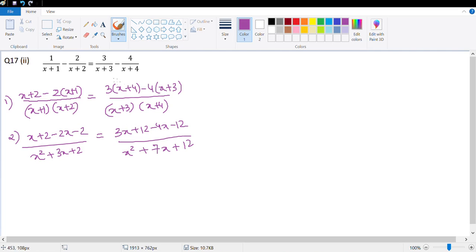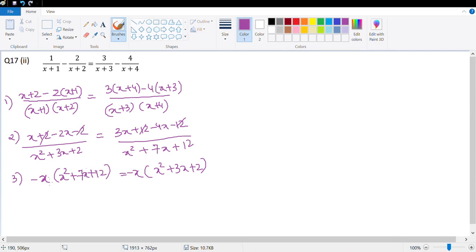Let's see if we are able to cancel anything. What we have is plus 2 and minus 2 goes, plus 12 and minus 12 goes. So what we have is negative 2, x minus 2x, that's negative x multiplied with x square plus 7x plus 12 is equal to 3x minus 4x, that's negative x times x square plus 3x plus 2.